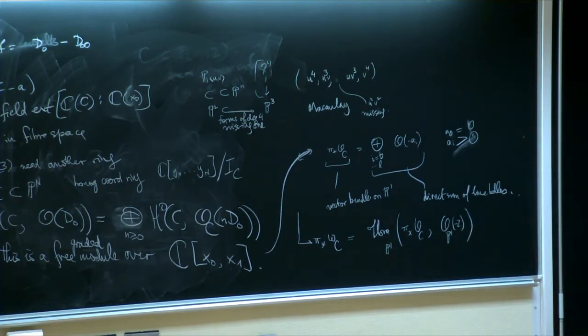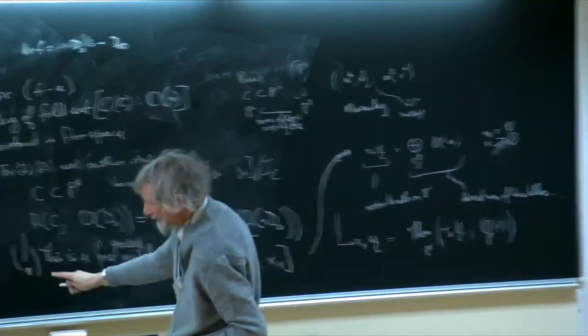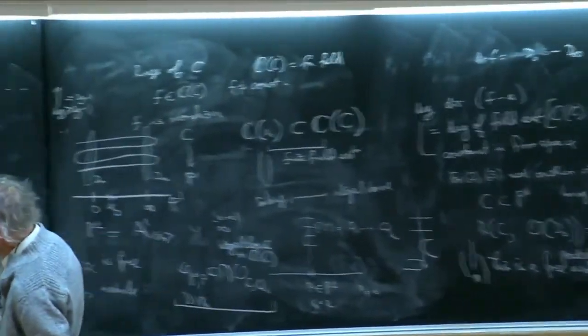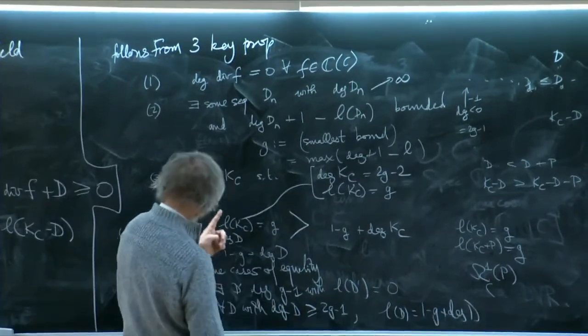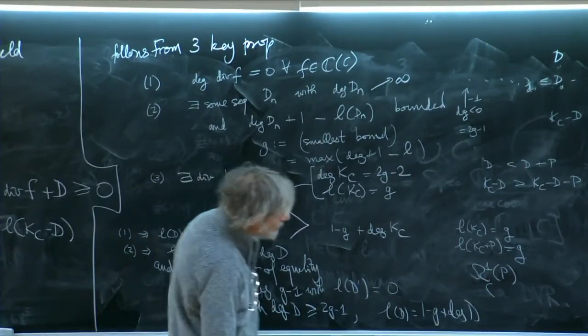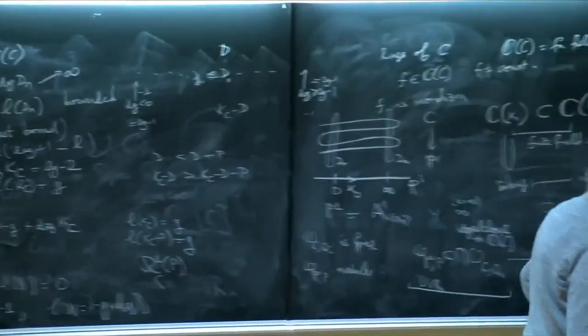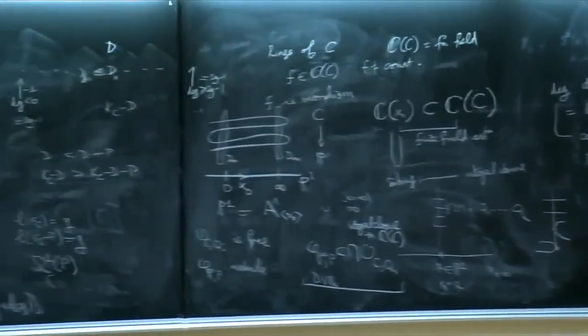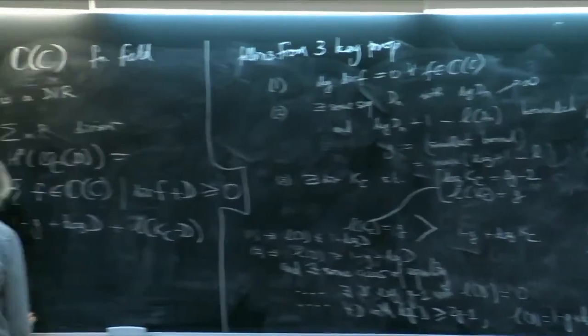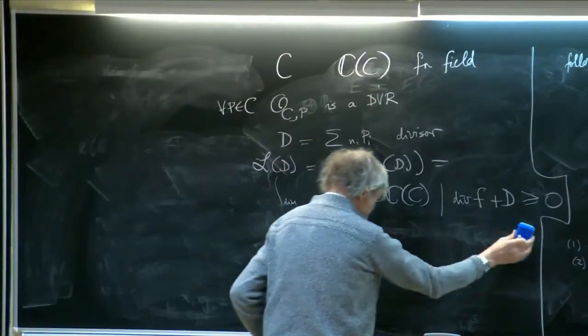So I have to tell you where I get my d_n from to prove 2, and where I get the K_X to prove 3. So d_n is just n times d naught.